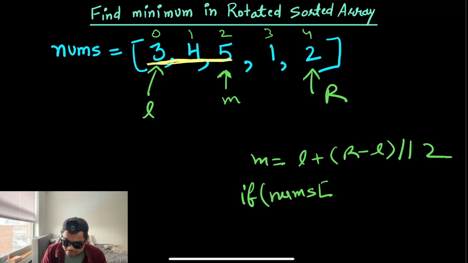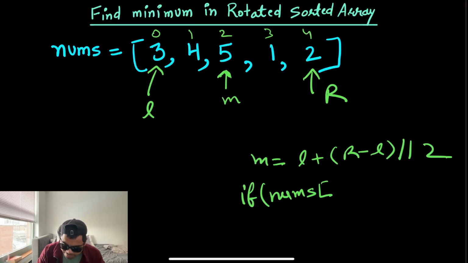And next, this is another sorted part, because after rotation, some sorted elements went to the front of the array, which divided the one sorted array into two sorted arrays. That's the trick we will be playing here to find the minimum element.